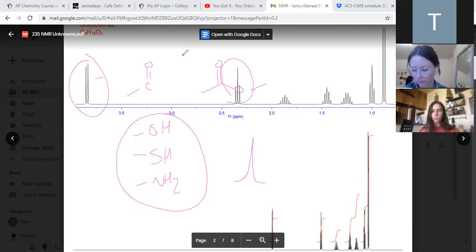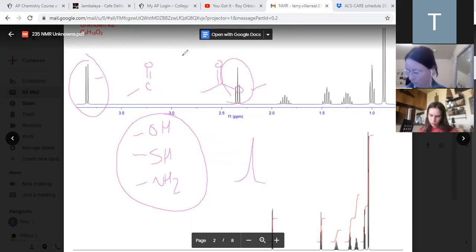All right. So I will ask you again, do you think I have an alcohol on this one? No. Nope, because I don't have a wide singlet anywhere. Right. So usually when you have these, it's going to be between 3 and 5, and they're going to be wide. But I don't see anything like that. Right? All of my peaks split. So that means all of my hydrogens are going to be on carbons.